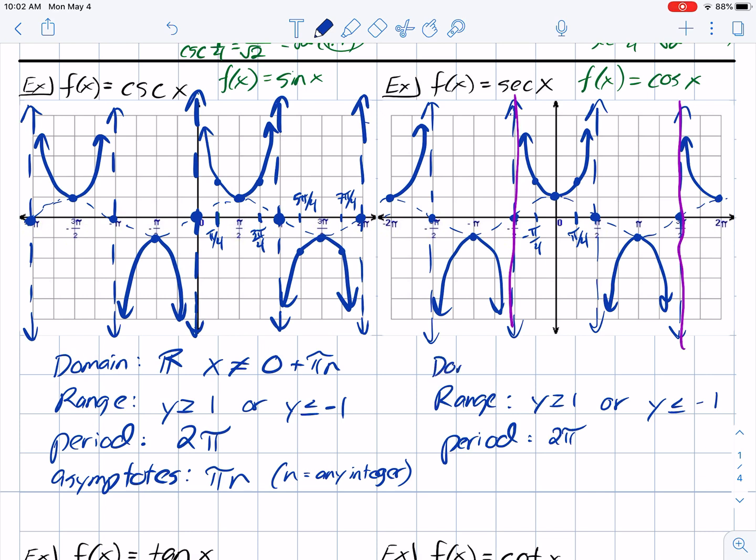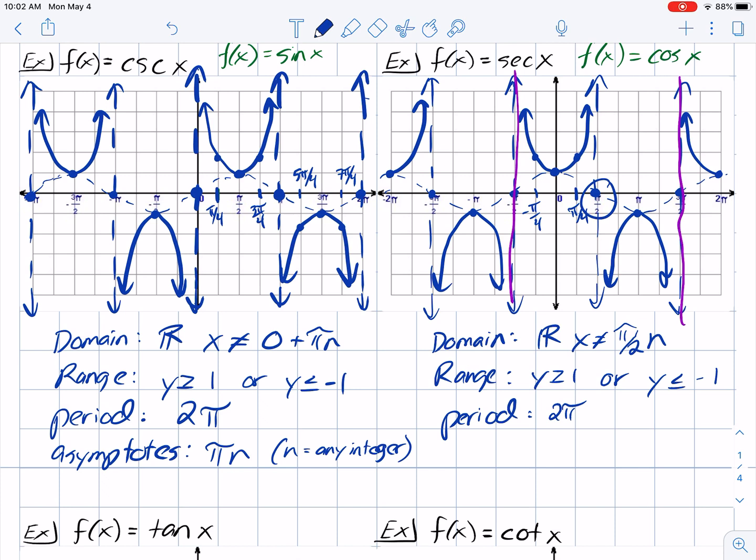Domain is going to be like your asymptotes. So for the domain, all real numbers where x does not equal, you could start really wherever you want. That first asymptote, let's look at pi over 2. Does not equal pi over 2. And then we would just put n, right? Because if you plugged in 1, you get pi over 2. If you plugged in 2, you would get 3 pi over 2.